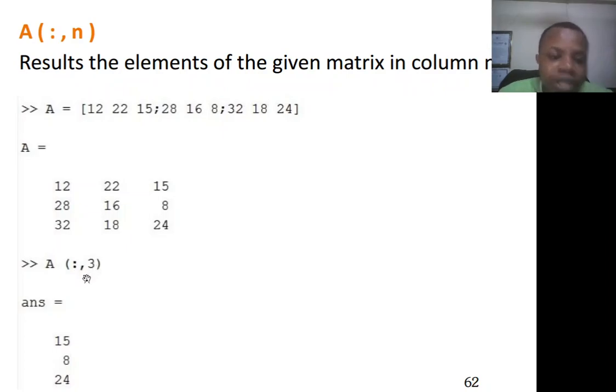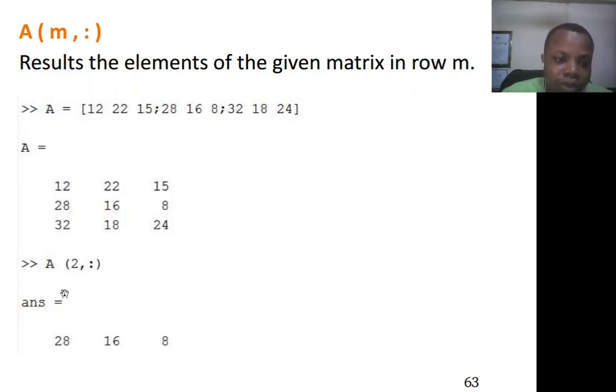So in this case, suppose that we need everything on the third column. It means that we need everything on each row, and we are specific on the third column. So this is just going to print all the rows, but only from the third column. Once we do this, that is exactly what we are going to get.